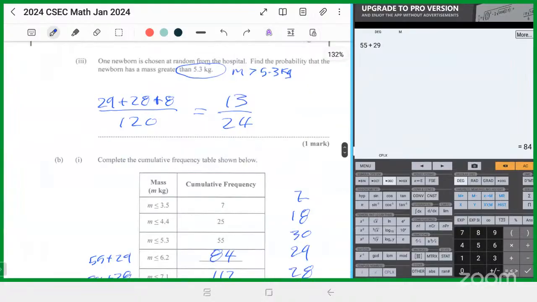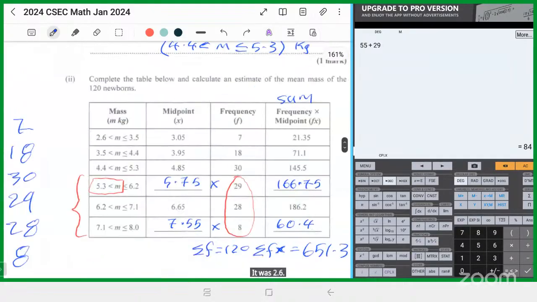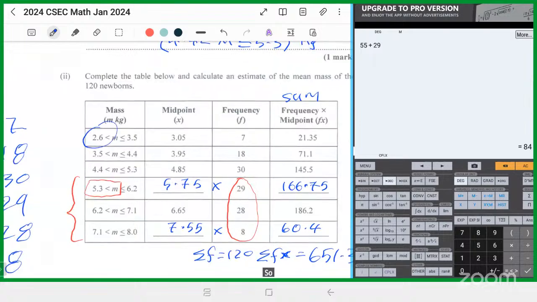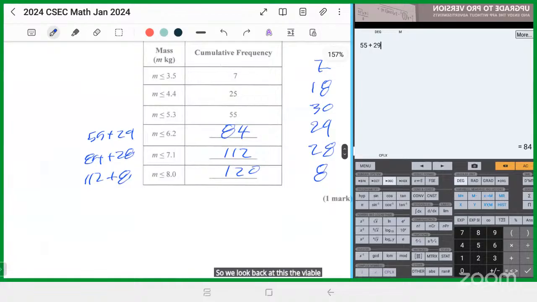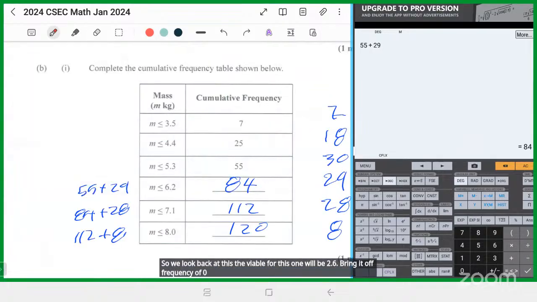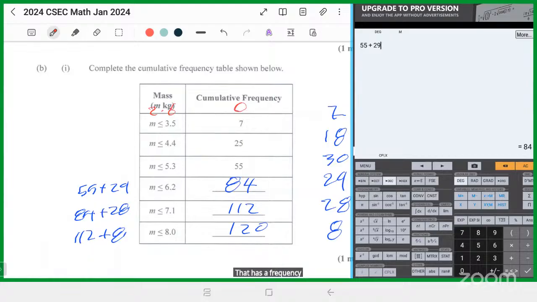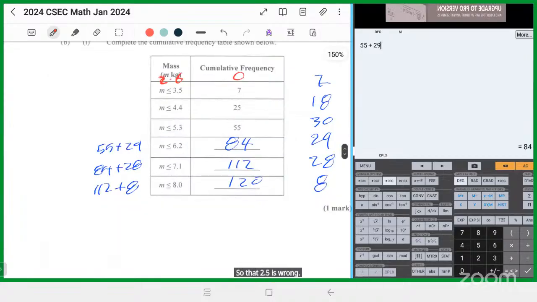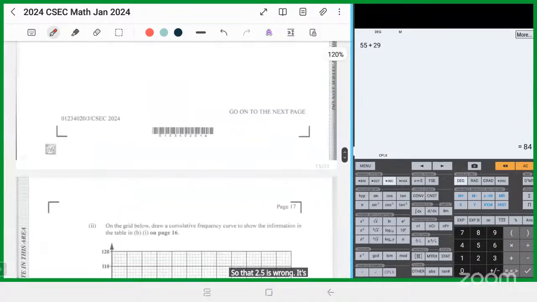So we look back at this, the value before this one will be 2.6, bringing our frequency of 0, not 2.5. So this is 2.6. So that 2.5 is wrong. It's not 2.5, it's 2.6.